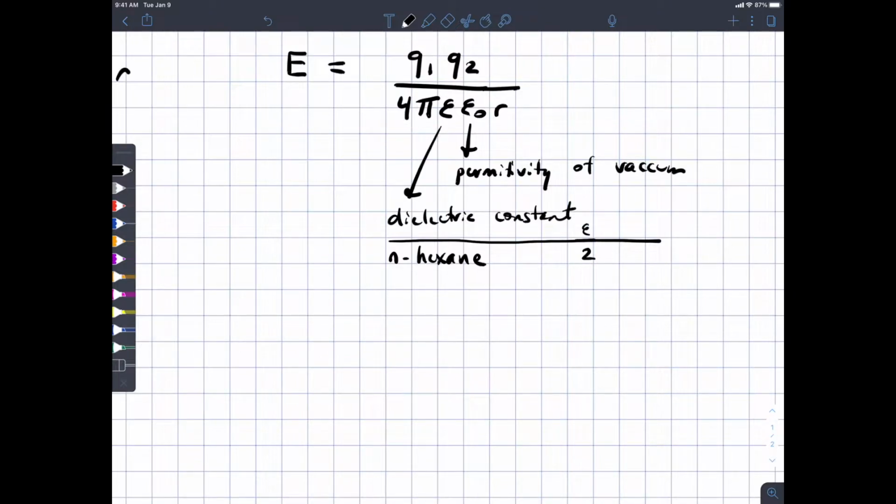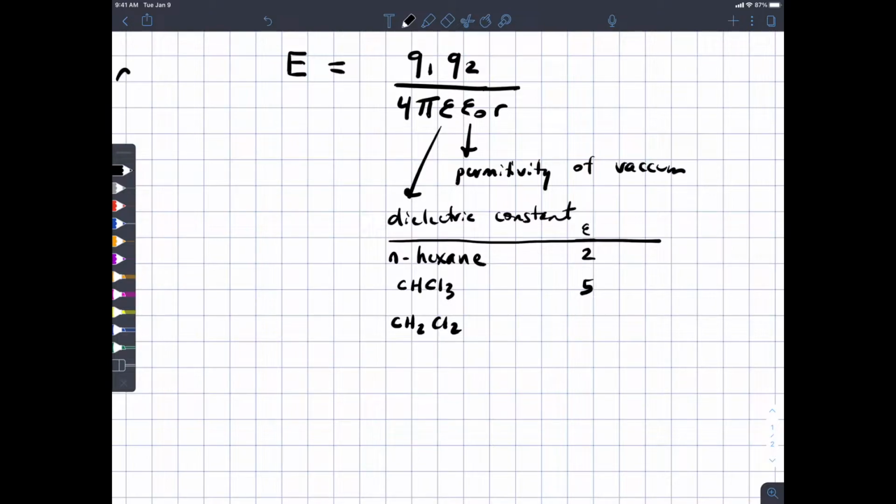If you start to increase solvent polarity a little bit, you can increase the dielectric constant. So chloroform has a dielectric constant of 5. And you can just sort of go up the list.